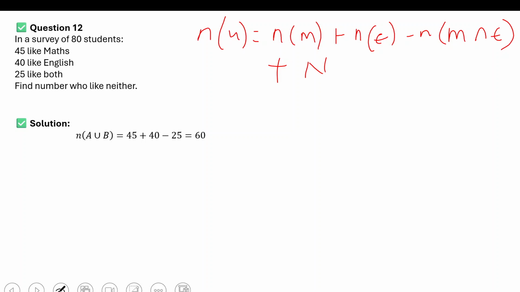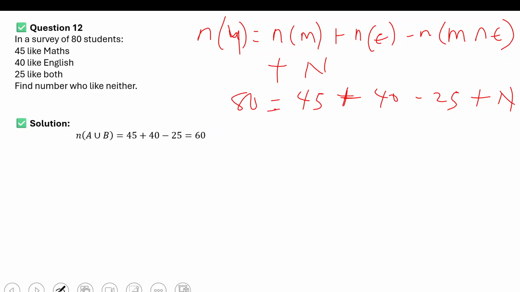See how I organized it. Now the number of the universal set U is 80. The number of people who like maths is 45. Sorry, the number of people who like English is 40. The number of people who like both is 25, and neither is n. So you see that neither is standing alone.